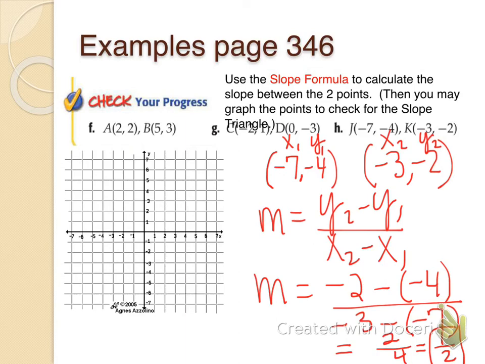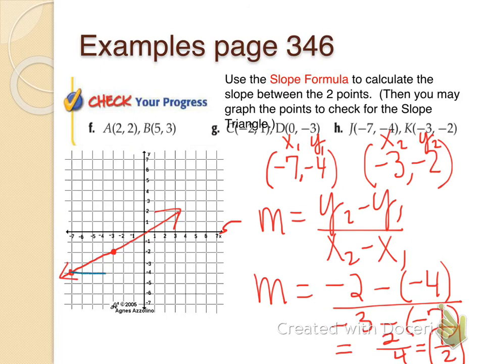Now, right here we can actually graph these and check the slope triangle. We can use the slope triangle to check. -7, -4 would be right here. Okay, and then -3, -2 would be right here. And then I just need to draw a line. Alright, so if I want to draw a slope triangle, I just connect those points.